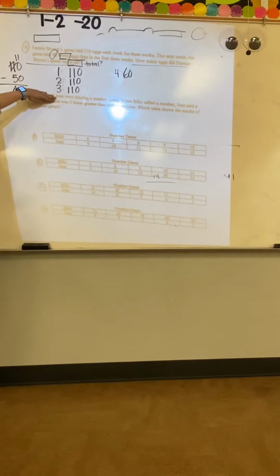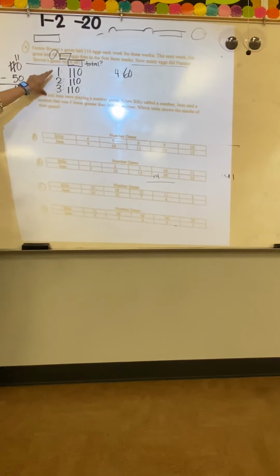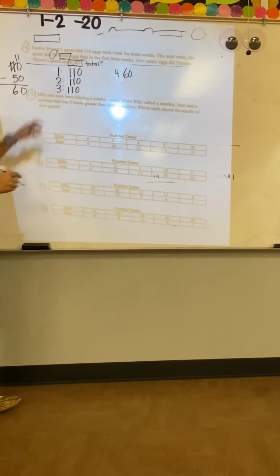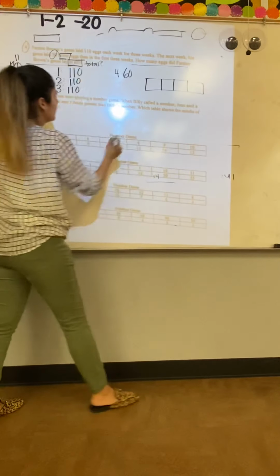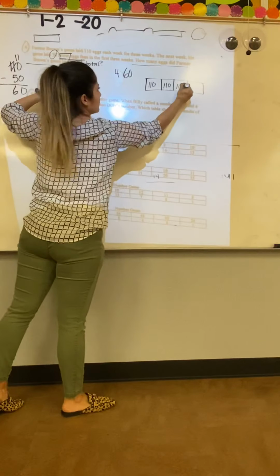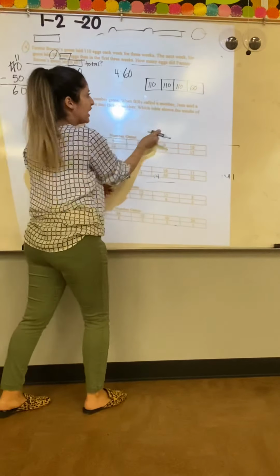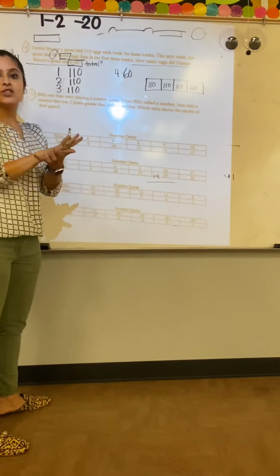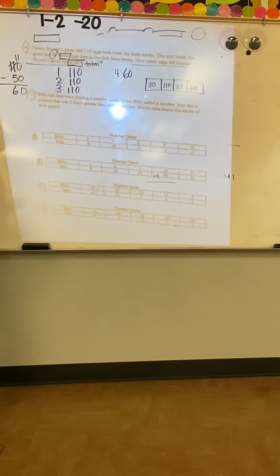Now we have the number of eggs for week 1, 2, 3, and 4. We need to determine how many eggs did they lay in all. How many total? So here we have 4 parts. We know each of its parts now. And then your student on their own, they can go ahead and start combining their parts until they have the total number of eggs.